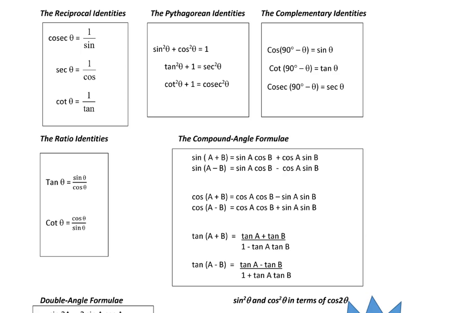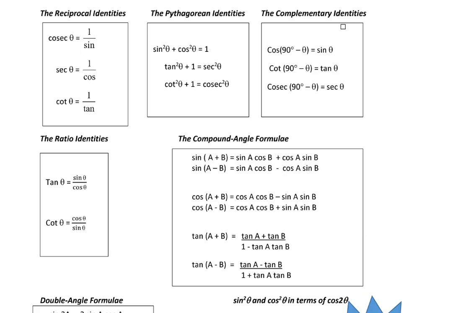So what I've done here on this page is just to group them all together for you. I think you know your reciprocal identities well, Pythagorean identities, complementary, and it's pretty obvious when you're going to need to use this, because either you can see 90 minus theta and you can replace it with a simple theta.